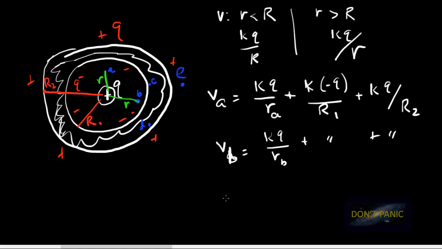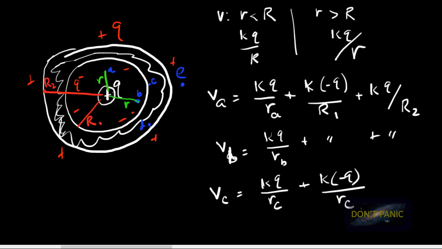Okay, what about the potential at C? Okay, now at C, you're outside this inner shell, but you're still inside this outer shell. Okay, so you're going to have the contribution of this point charge, that is going to be kq over rC, plus k times negative q over rC.